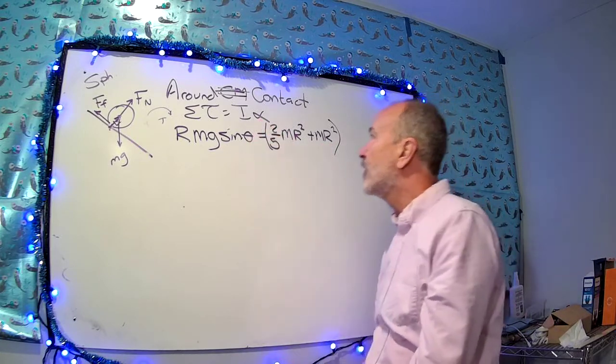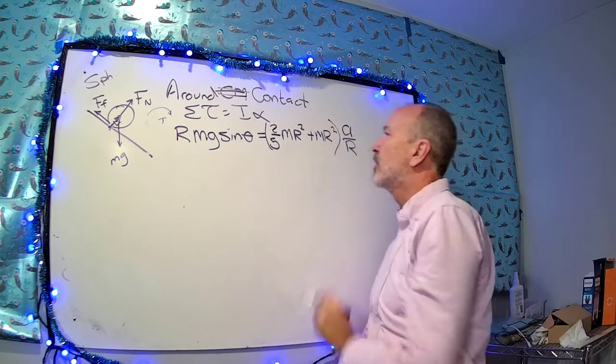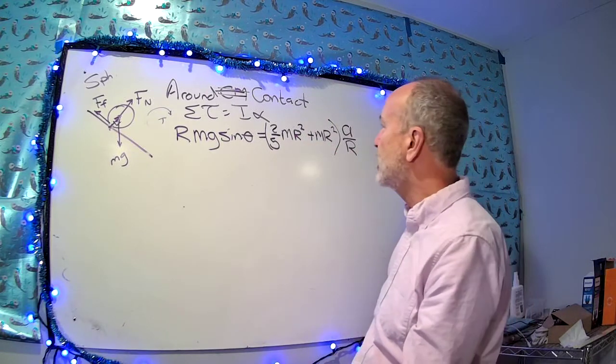And then alpha, and again, I'm going to substitute in A over R, and I'm using capital R. The reason I do that is that it cancels out all the R squareds.